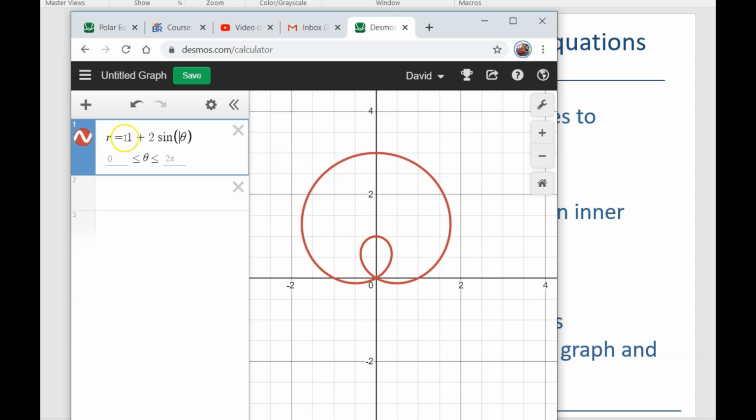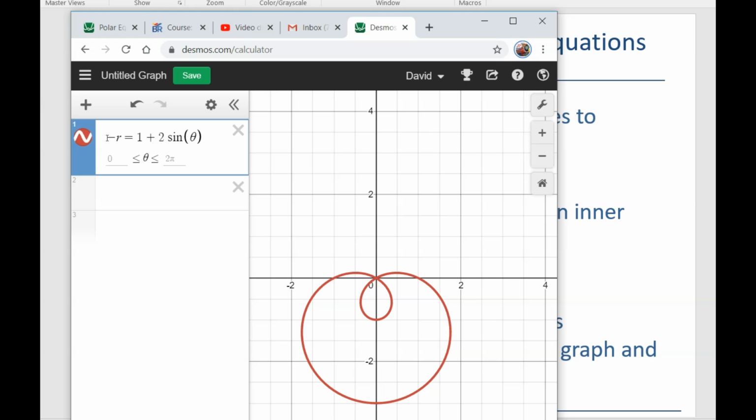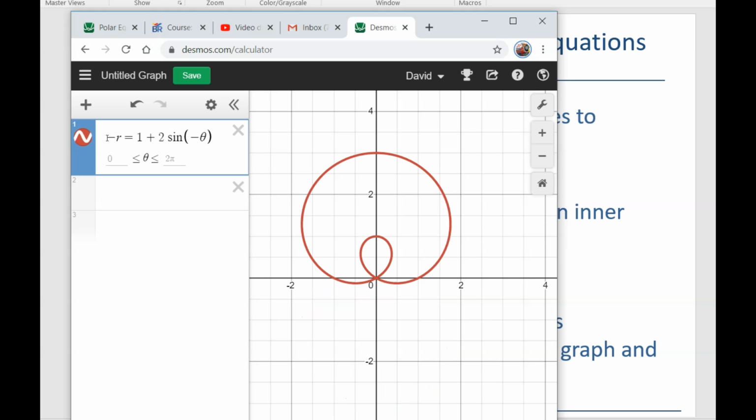Okay, this graph is the same if I have both of these change, so negative theta and negative r. So that means this thing has y-axis symmetry, if that's the case. So if you can change both, we have y-axis symmetry.